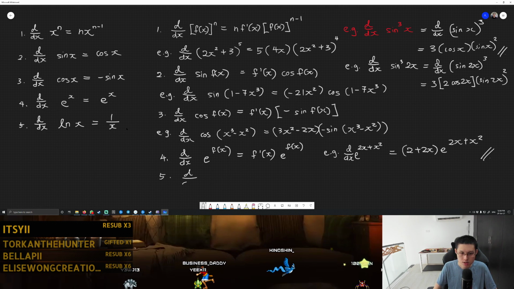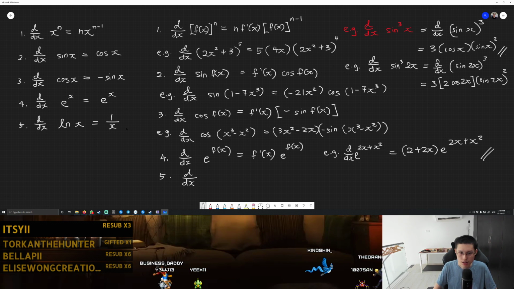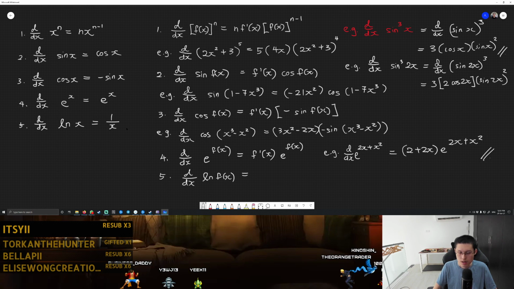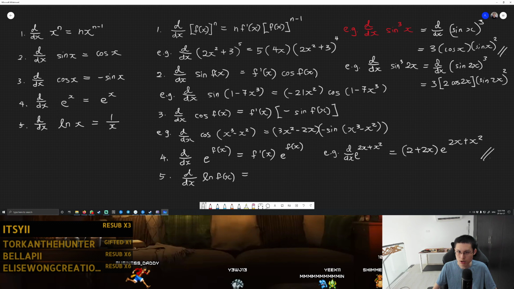So what happens if we differentiate ln of some function of x? Based on what we've done so far, you might have noticed a pattern. You see that the differentiated function is always multiplied by the original thing, right? You see here there's a cos x, this is a cos x, and there's always something in front, and that something in front is always the derivative of the function.